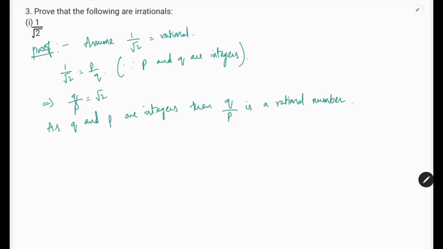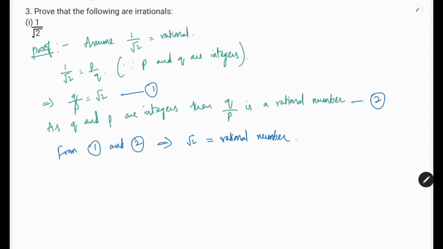Okay. So from the first and second, you get root 2 is a rational number.